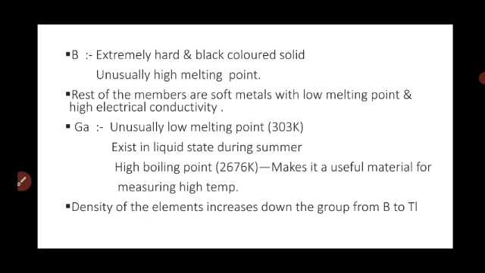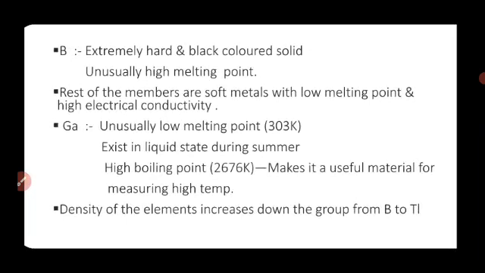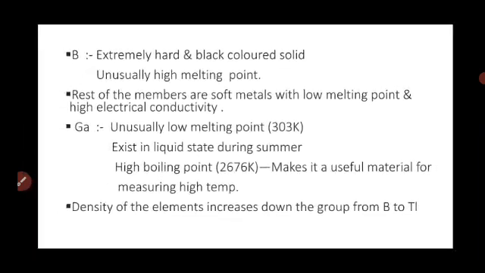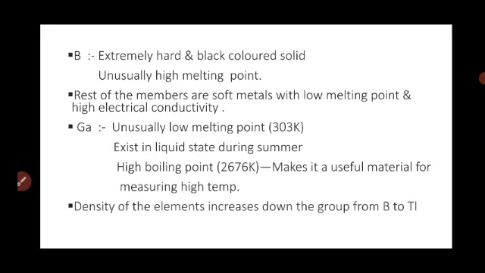Now let us see the specialities of gallium. Gallium has an unusually low melting point. It's just 303 Kelvin. I hope you know how to convert it into degrees Celsius, right? So how much temperature is there in degrees Celsius? It's just 30 °C.